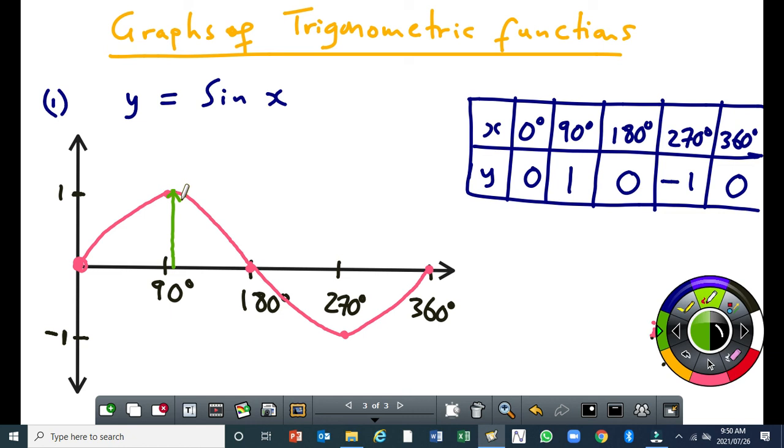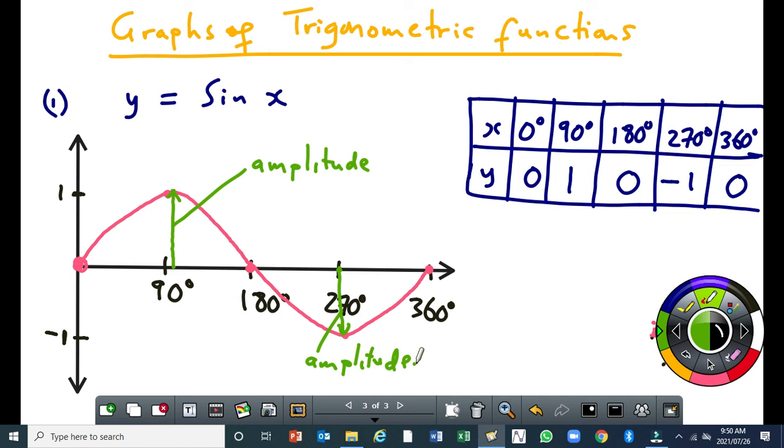So this distance we call the amplitude. It's always positive. And this is also the amplitude, from the x-axis to the minimum turning point. The amplitude is the height of a crest. This is a crest. Or the depth of a trough, which is that.